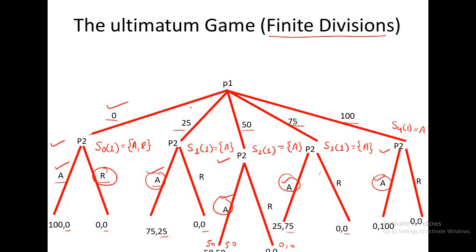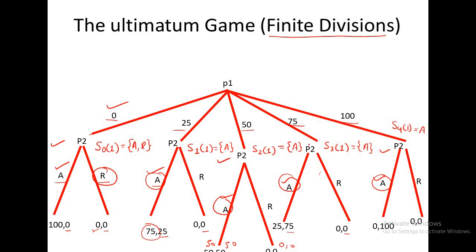So if P1 offers 0, he will get 0. At the offer of 25 he is accepting, so he will get 75. At the offer of 50, the player P2 is accepting the offer and the player 1 will get 50.